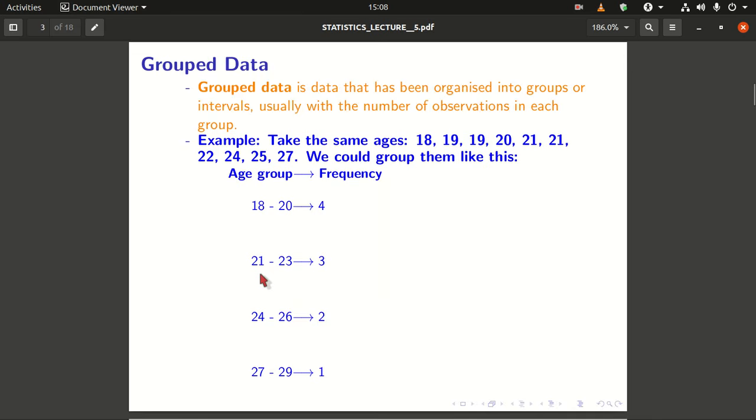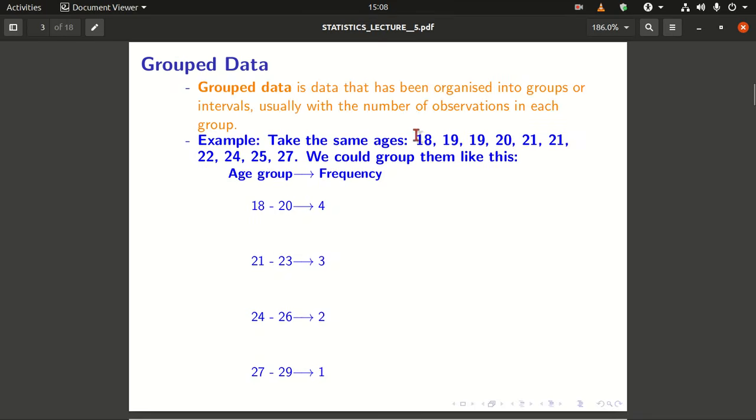And when it comes to grouped data, it is something of this nature. The age between 18 and 20, there are 4 of them. Between 21 and 23, there are 3 of them. Between 24 and 26, there are 2 of them. So they are grouped according to age groups, so it is grouped data.